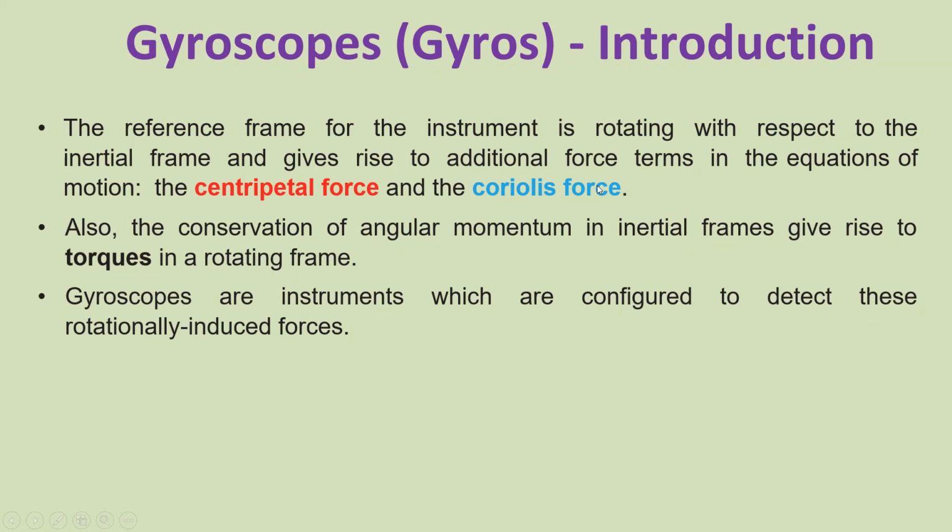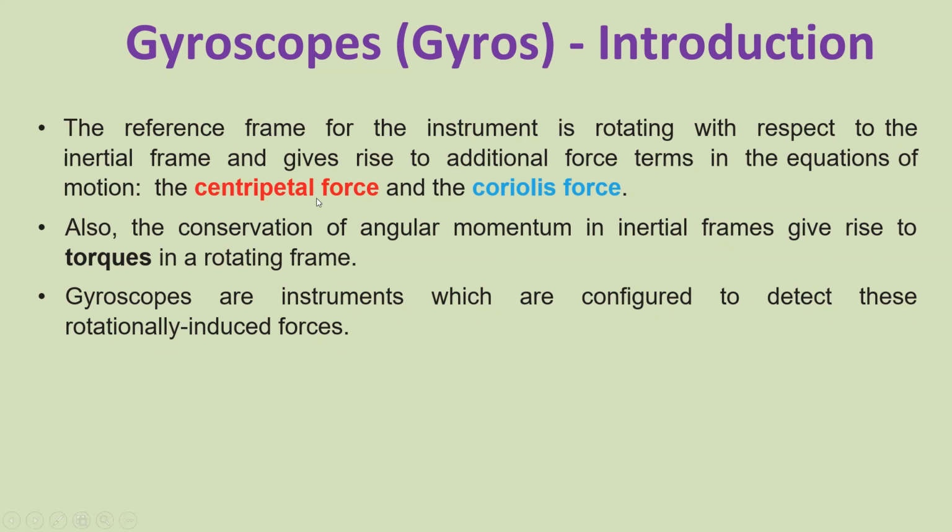What we will be discussing is one of them which measures this Coriolis force to measure the rotation or the angular velocity. There may be another gyroscope which uses the centripetal force in order to measure the rotation velocity.